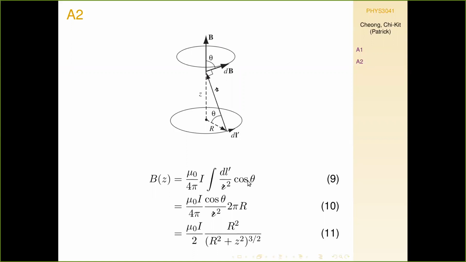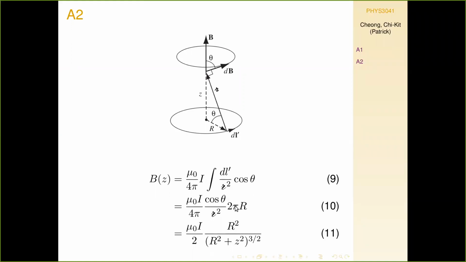So you can factor out some quantities outside the integration, and then what you will get is the integration of dl prime only, which represents an integration around a circular loop, and it is obvious that this integration will return you a 2 pi r here.